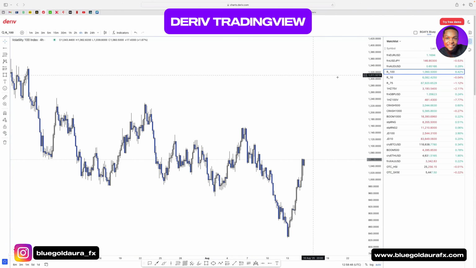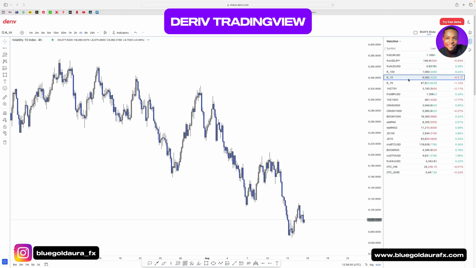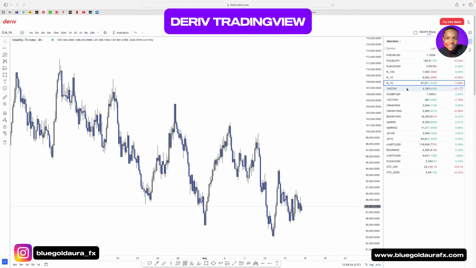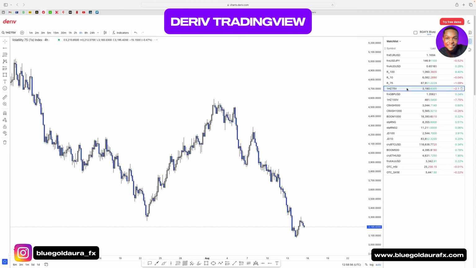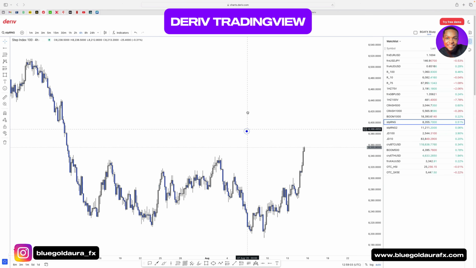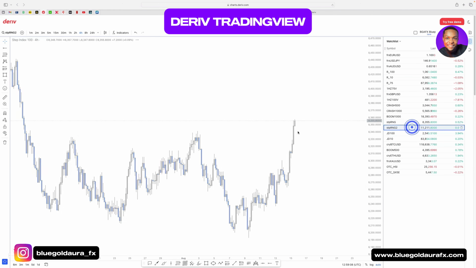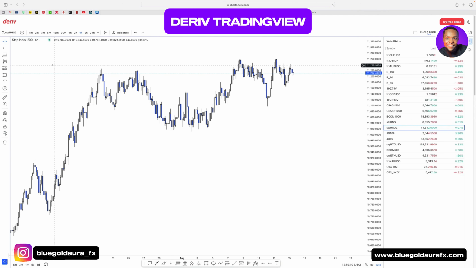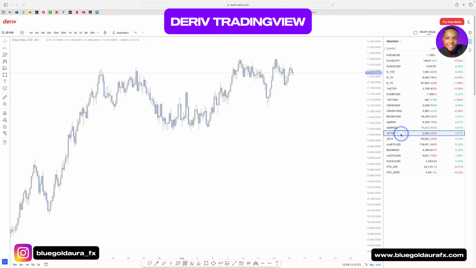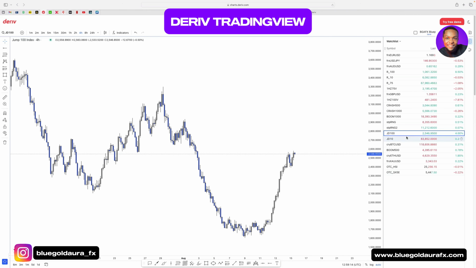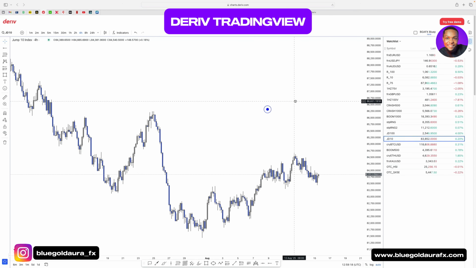This is the Volatility 10 Index, and V75, the most common one. And this is the V75 1S Index. This is the Step Index, Step 100 Index. Now let's click Step 2. This is the Step 200 Index. Then the Jump Index, Jump 100 Index, and this is Jump 10. I hope you've seen that.